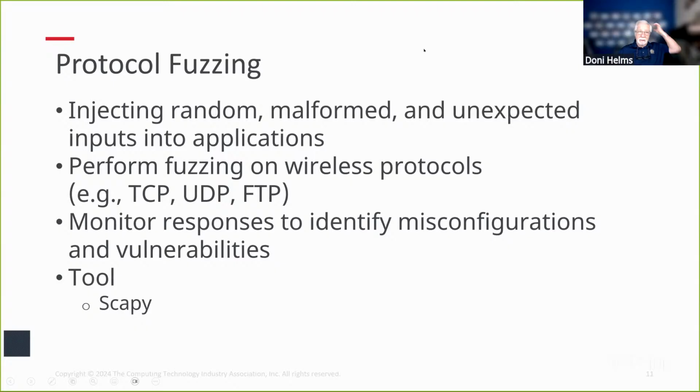Now, here is this pretty interesting method. They call it fuzzy blasting or protocol fuzzing. It's basically where I create and then inject very strange configurations of either TCP tagged data frames or UDP tagged data frames, and then blast those towards wireless appliances.